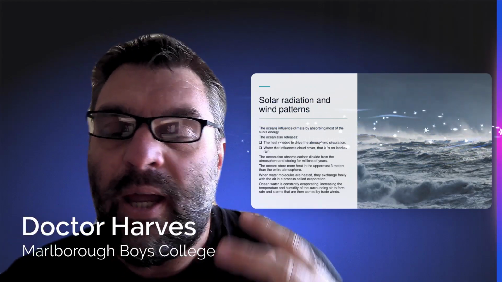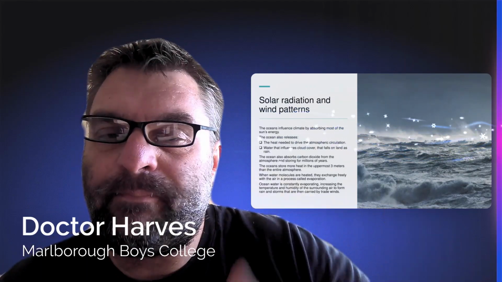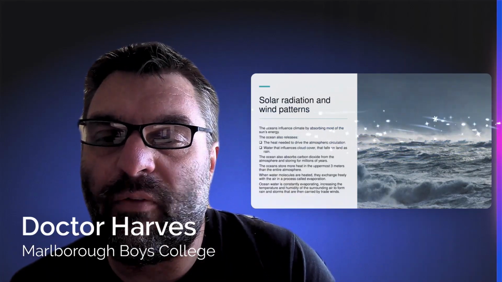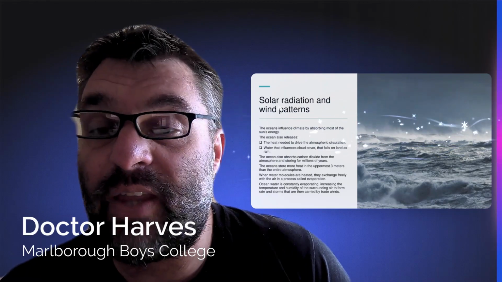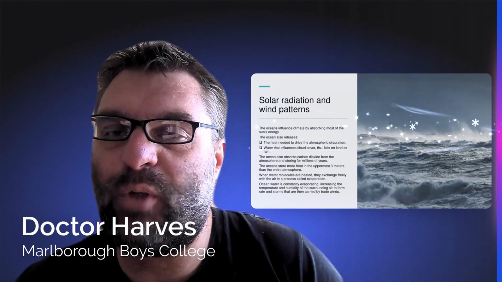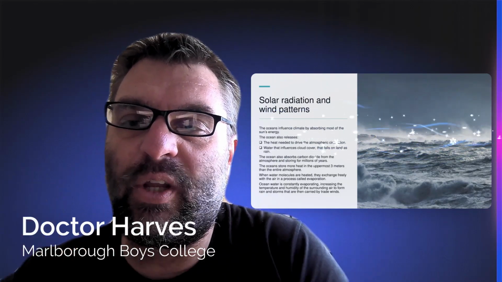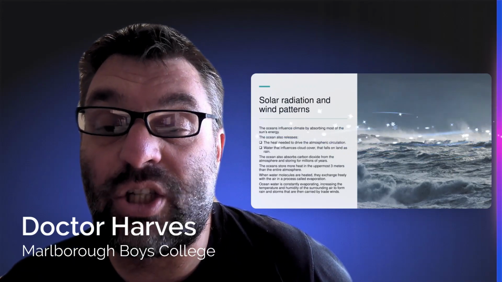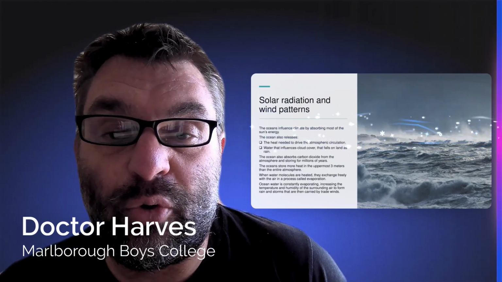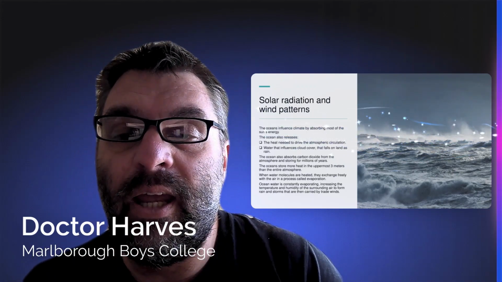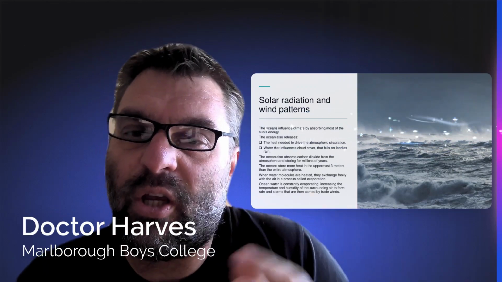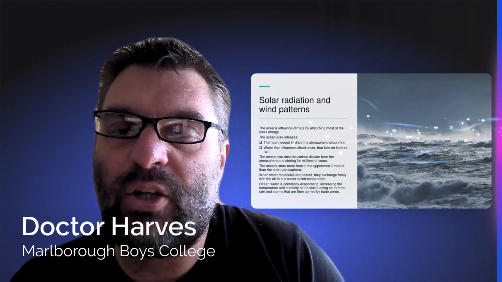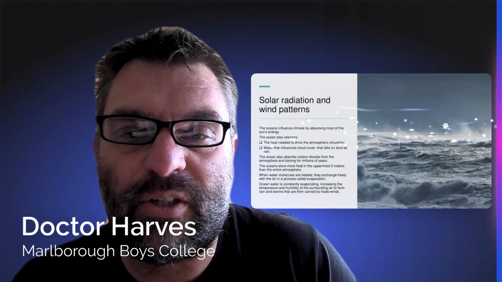About the top 3 meters of the ocean hold as much heat energy as the entire atmosphere. Extraordinary. And evaporation is the process in which that heat energy is released back into the atmosphere.